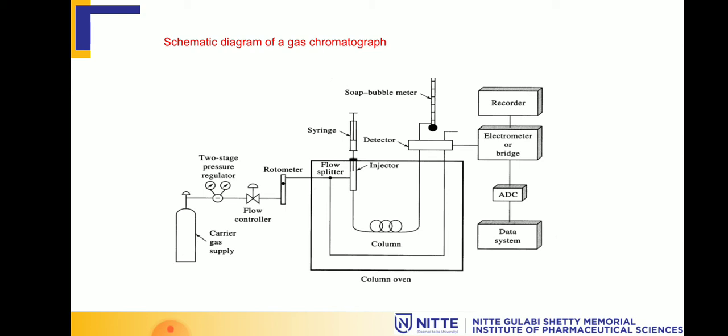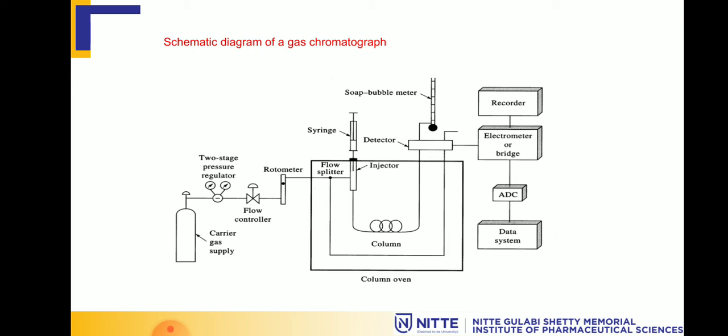Further, the open tubular column is classified into three different categories. The first is fused silica wall coated. Just make sure you remember fused silica wall coated, then WCOT and SCOT.